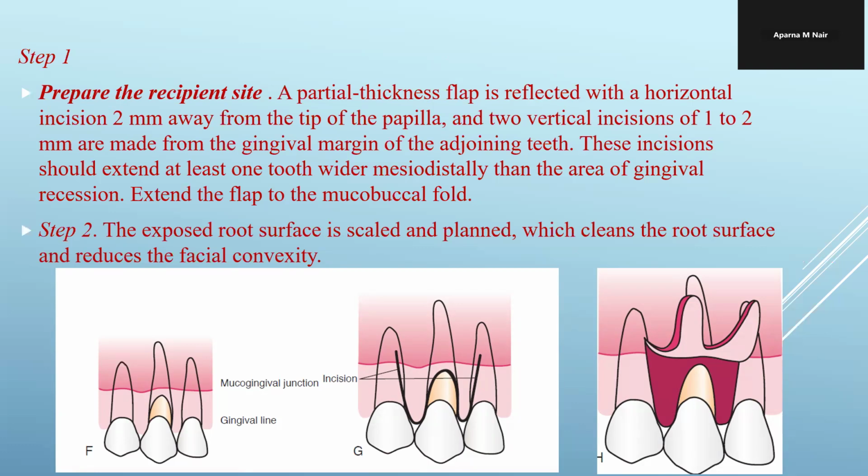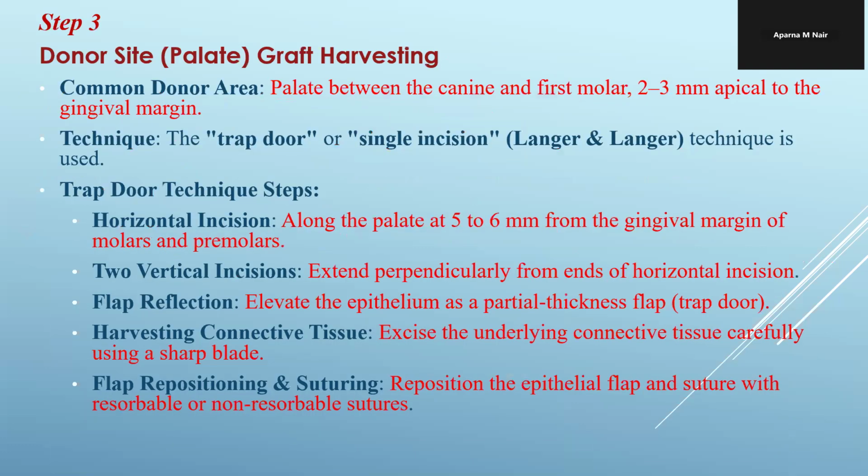Now extend the flap to the mucobuccal fold and thoroughly scale and root plane the teeth. Once this is done, cover it with a moist gauze and harvest the connective tissue from the palate. The area is between the canine and the first molars, 2 to 3 millimeters apical to the gingival margin.